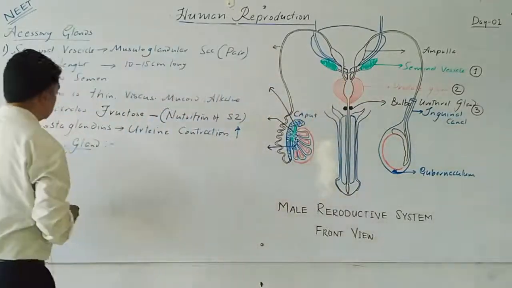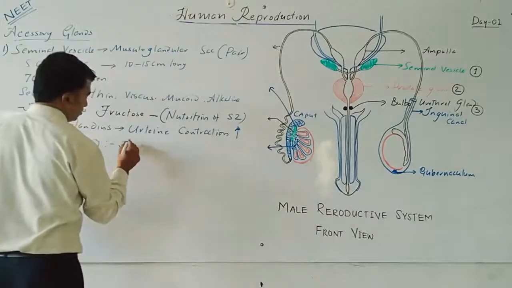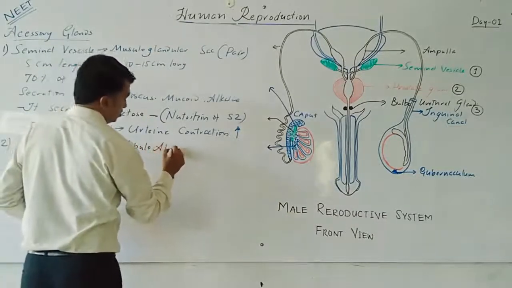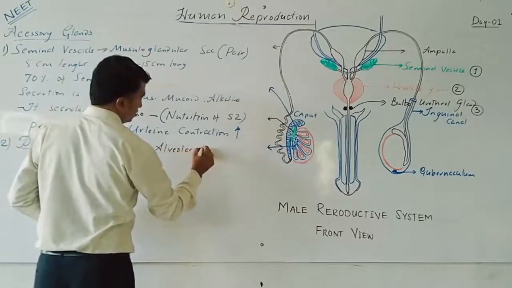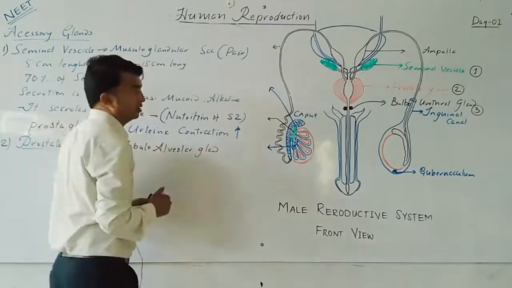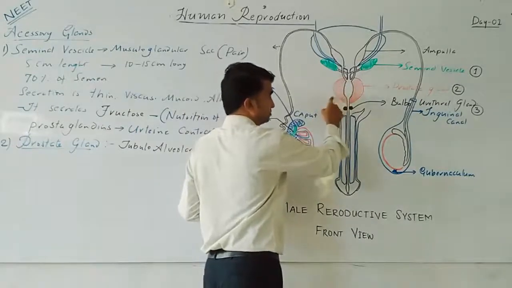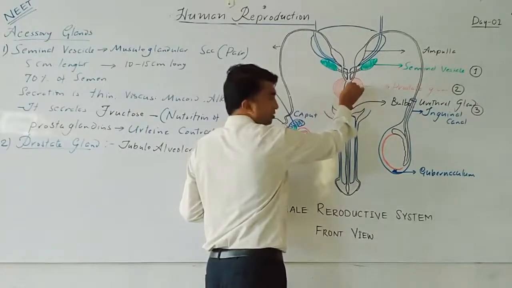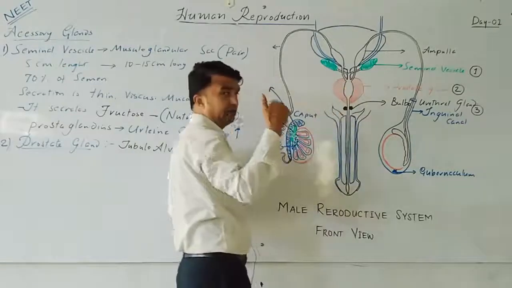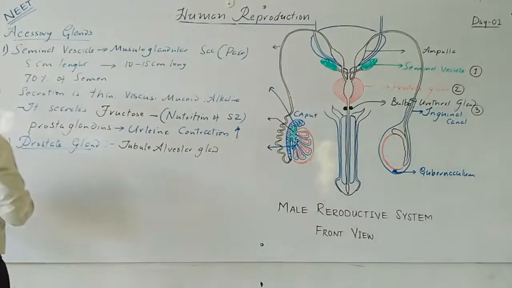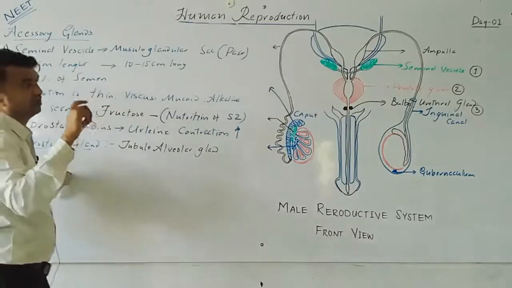It is a tubulo-alveolar gland. Here almost 30 to 40 small tubulo-alveolar glands are there. They open independently into the urethra, and it measures about 10 to 15 cm, a little bit larger.